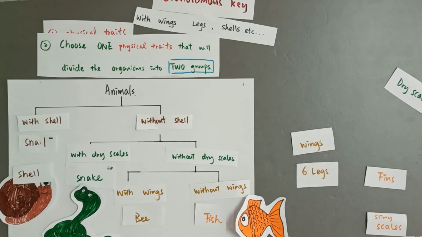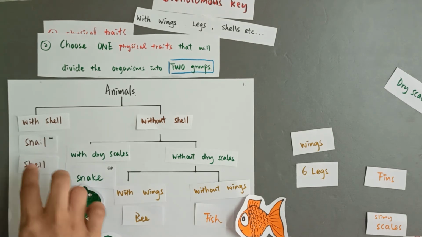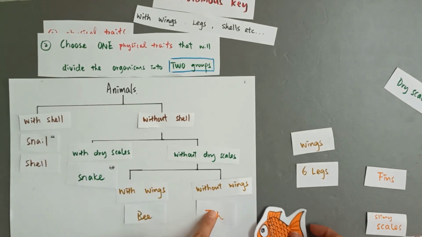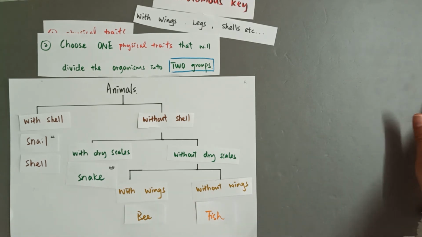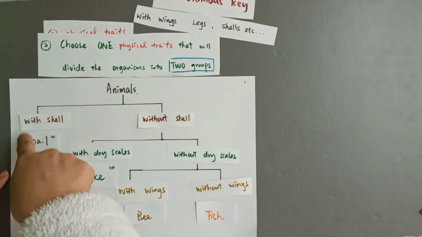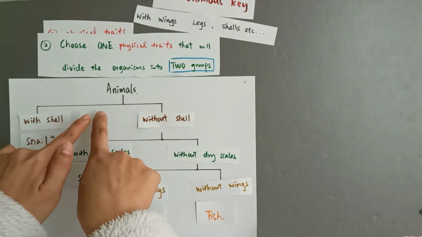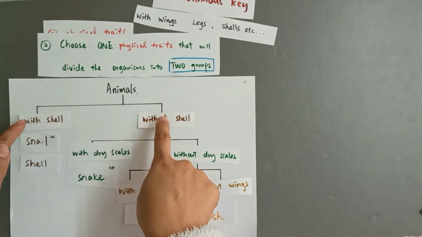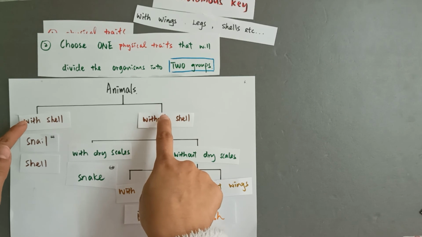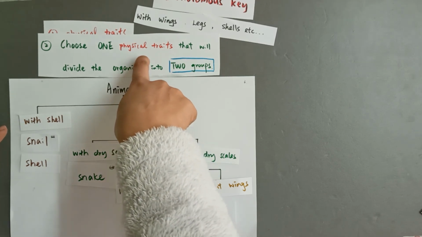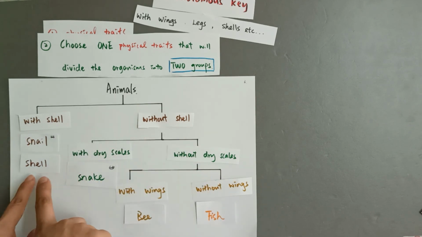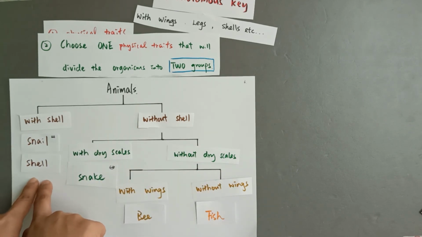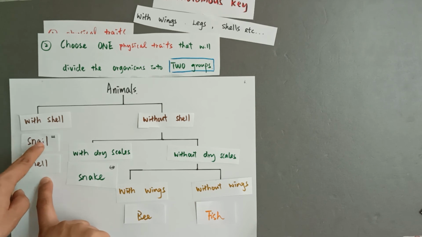So now you have the key. Let me make it contain just the words, to keep it simple. So this is a dichotomous key with the heading, and every layer divided into 2 branches, and these 2 branches are separated by a physical trait. After the separation, if the group cannot be divided further, you put the name of the organism down.